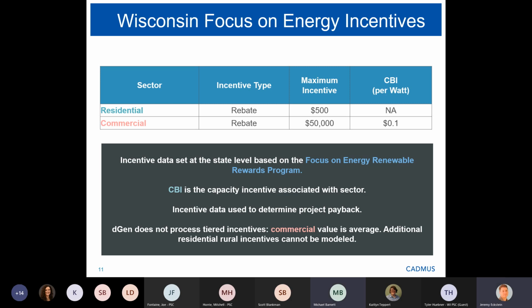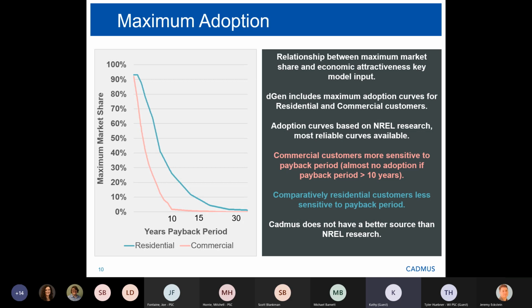Kathy, I think you have your hand up. I do. Back another slide to what's essentially in this model, the adoption curve. I'm curious how this compares to the adoption curves we've used in the energy efficiency study. And I get this is NREL's model and all of that.